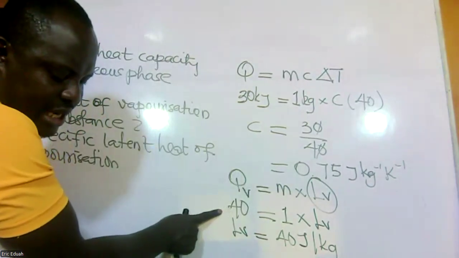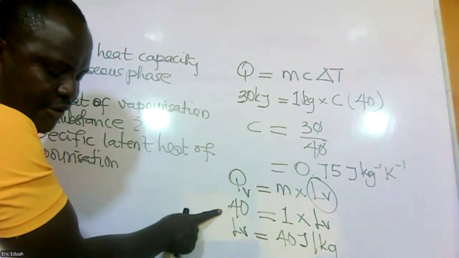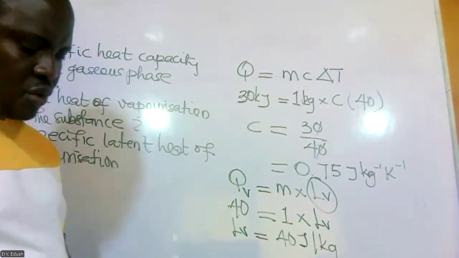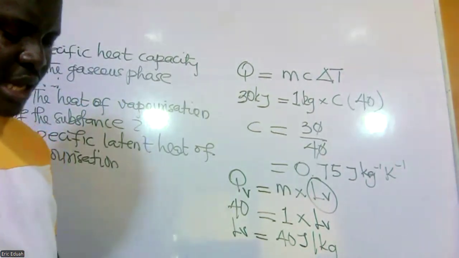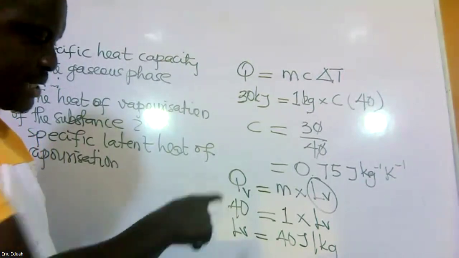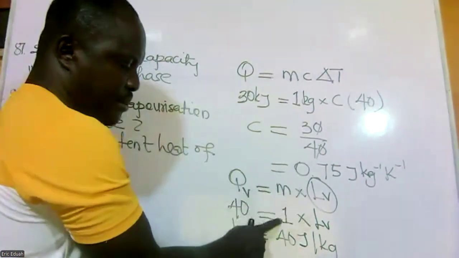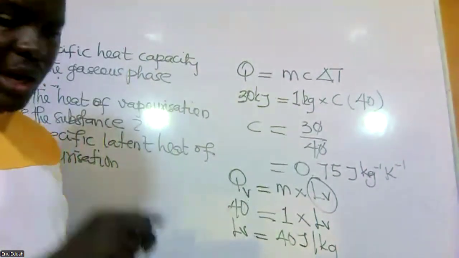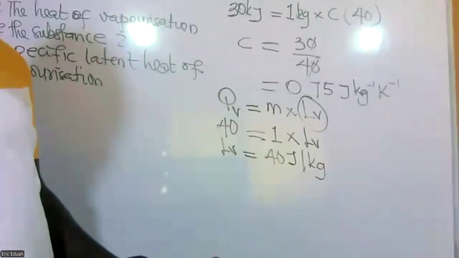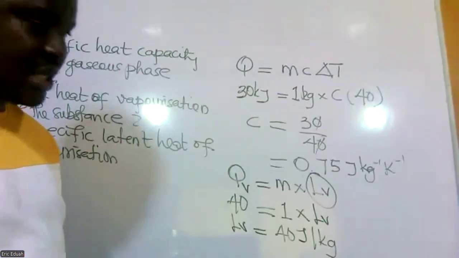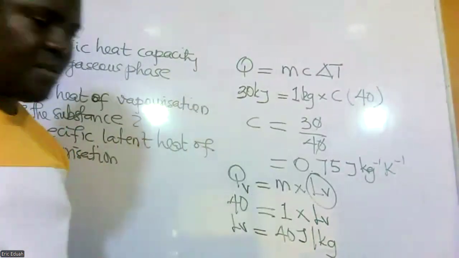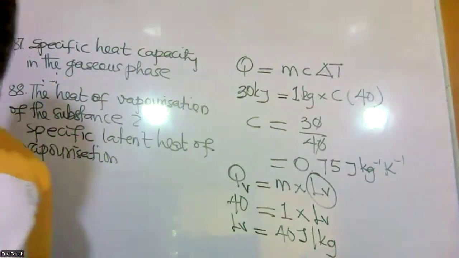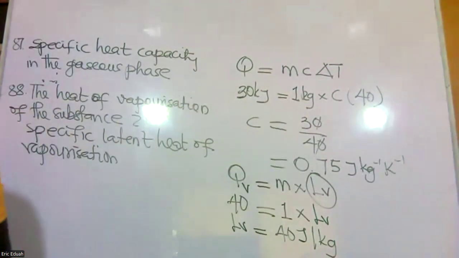The quantity of heat energy used to change state from liquid to gaseous, or vapor, is 70 minus 30. And this is equal to the mass of the substance, which is 1 kilogram, times specific latent heat of vaporization, LV. Therefore, that is the specific latent heat of vaporization.